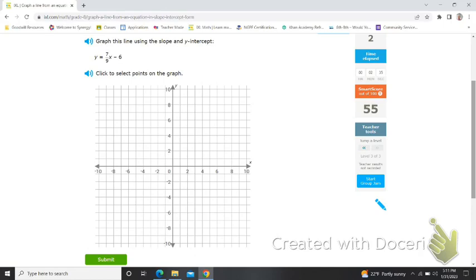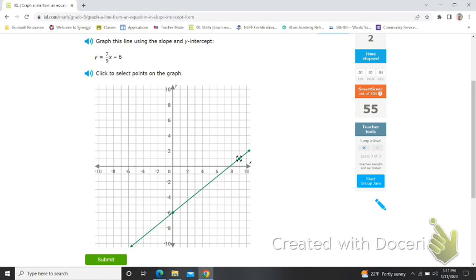Okay, so the first questions, it's only showing quadrant 1. Still doing the same thing. -6 is on the y-axis. That's my B. I begin with B and move with M. So from there up 7, 1, 2, 3, 4, 5, 6, 7, and over 9. Now, I didn't count to 9 quickly.